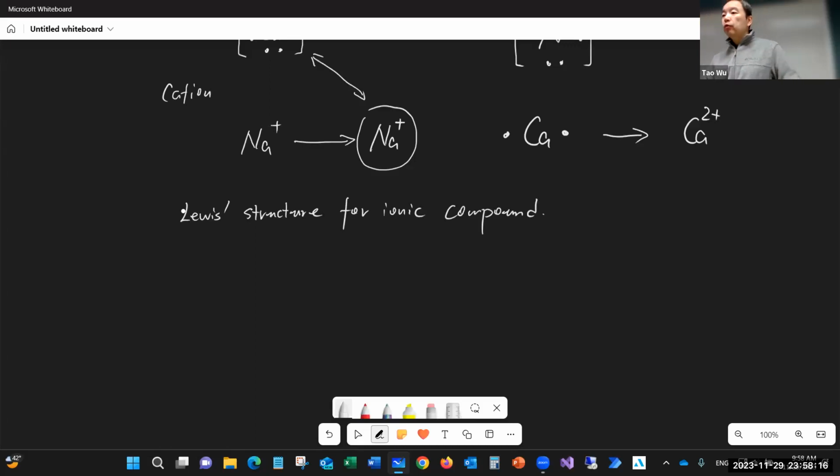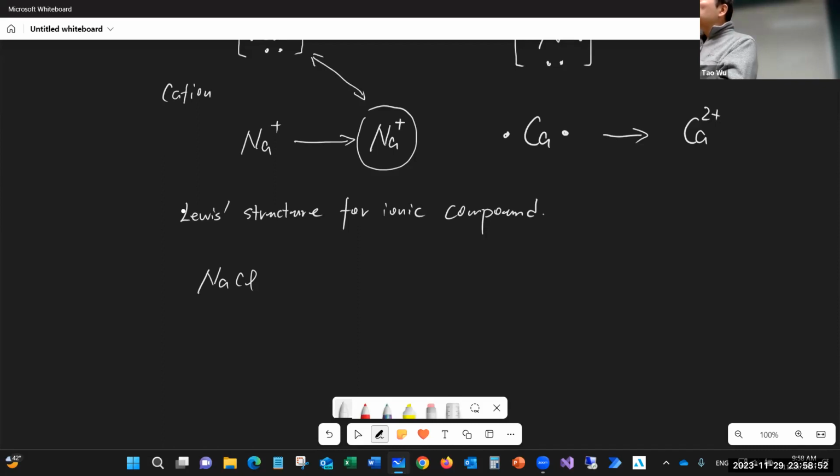How to write the Lewis structure for ionic compounds? For example, the easiest one, sodium chloride. In general, we talk about the difference between ionic compounds and molecular compounds. An ionic compound is made of ions, the cation and anion, right? So there is the ionic force, which is the electric force between the positive charge and the negative charge, and then they bind together.